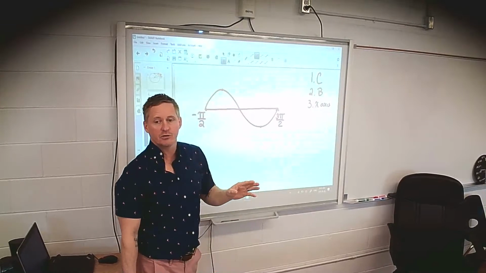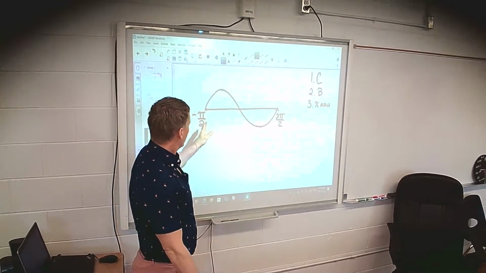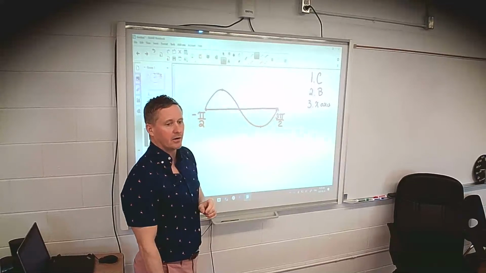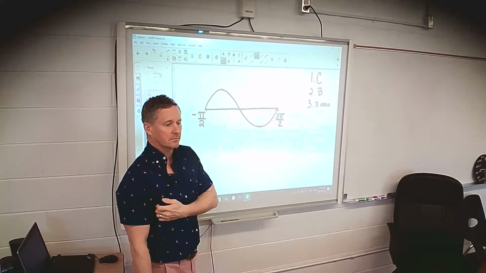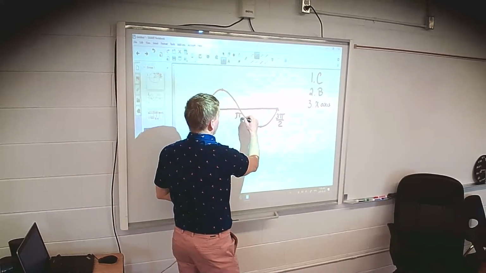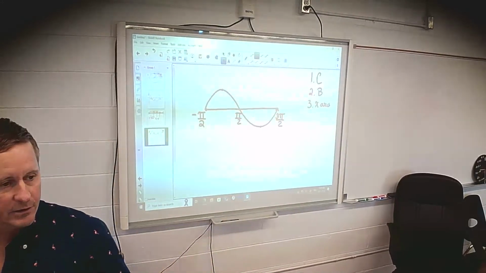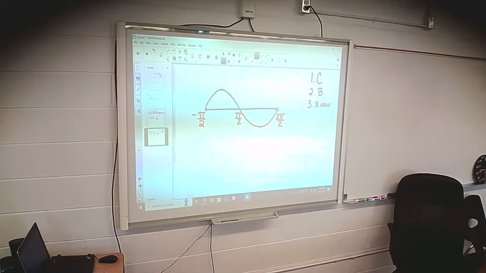As a pi over 2, that's 2 pi over 2. Correct? So what's 2 pi over 2 add negative pi over 2? 1 pi over 2. So that's one way to do that: 2 pi over 2, subtract 1 pi over 2, because it's a negative.